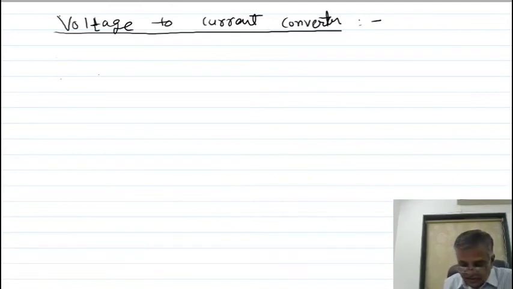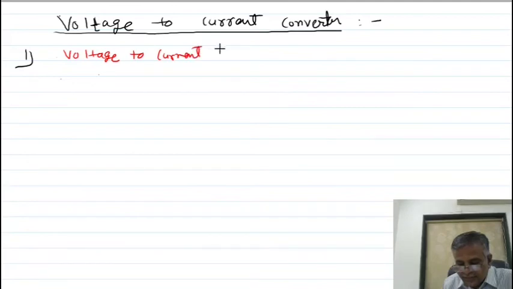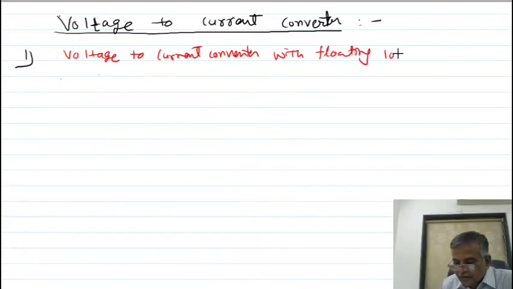Let us see the circuit diagram. There are two types of voltage to current converter. First, voltage to current converter with floating load, and second, with grounded load.